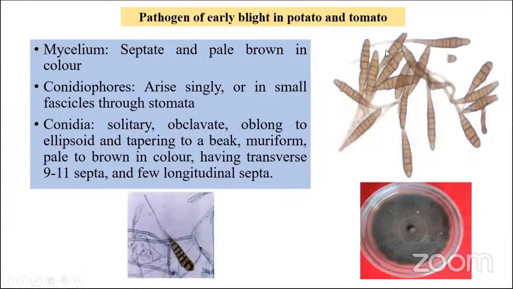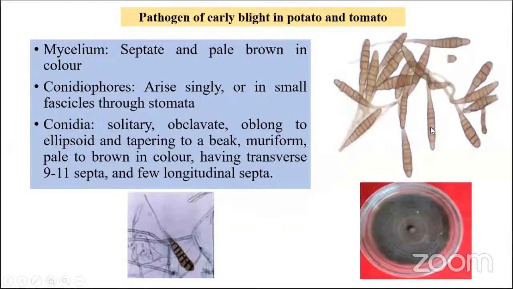You can see these conidia of Alternaria are septate, because these are the different septa. You can see 9 to 11 transverse septa are present, and some of them have longitudinal septa as well.